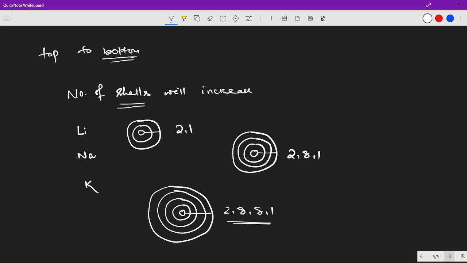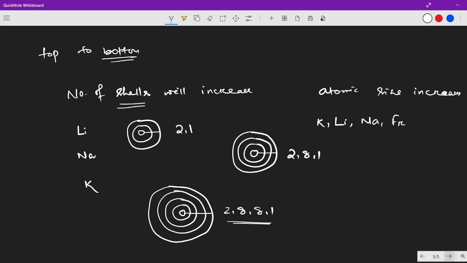So this is why on moving top to bottom, atomic size increases. You don't need to remember how it increased. The question will be like this: suppose potassium, lithium, sodium, and francium.